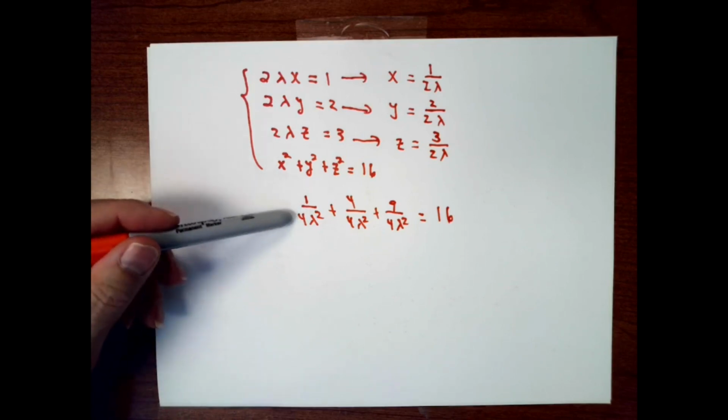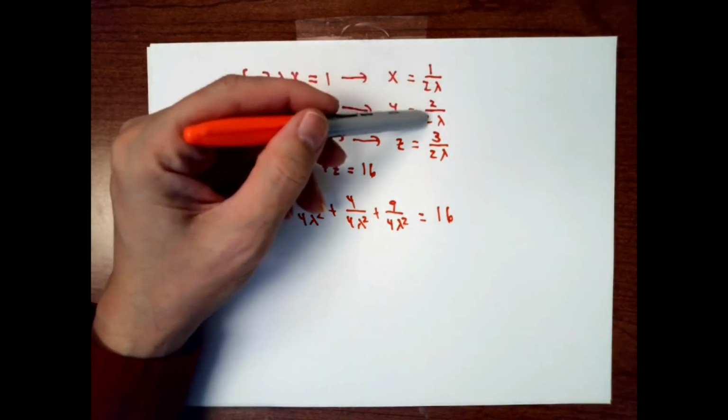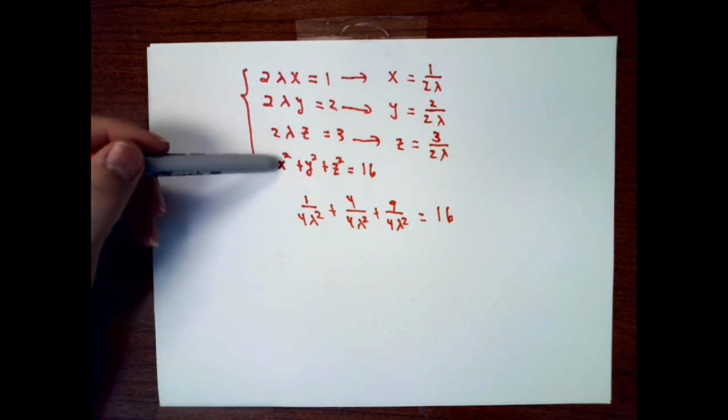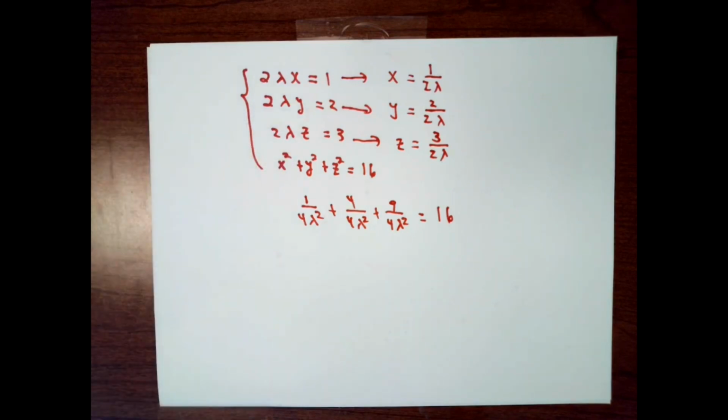X squared is 1 over 4 lambda squared, y squared is 4 over 4 lambda squared, and z squared is 9 over 4 lambda squared. The constraint equation tells me those three squares have to add up to be 16. If I multiply through by 4 times lambda squared, the algebra becomes very simple.